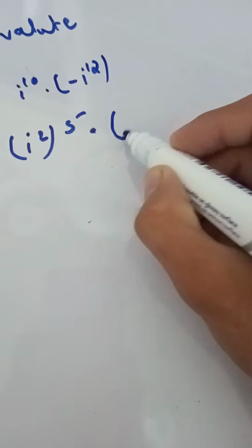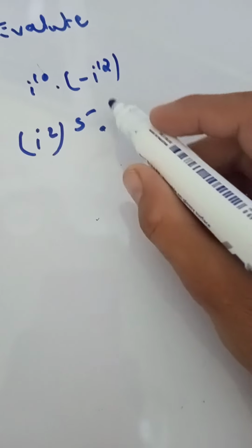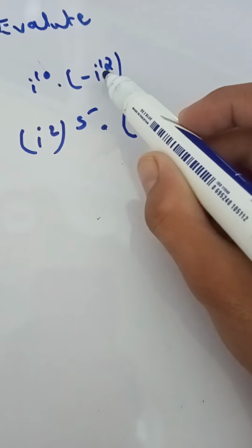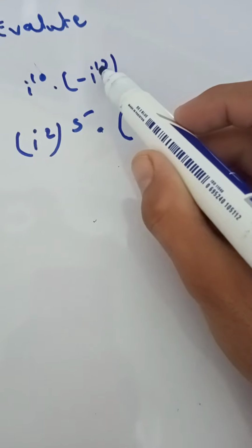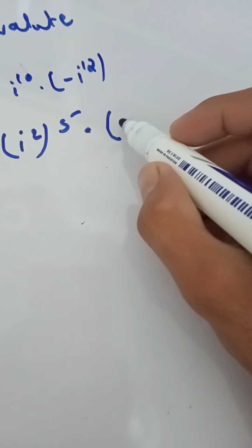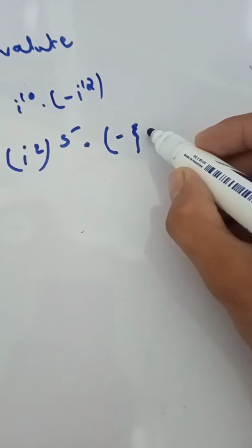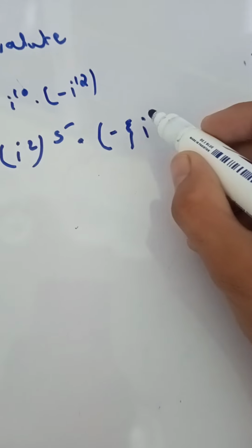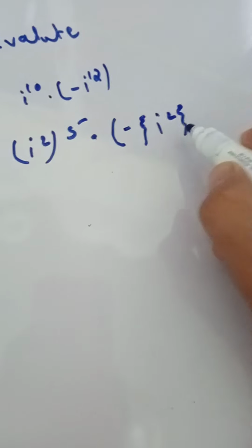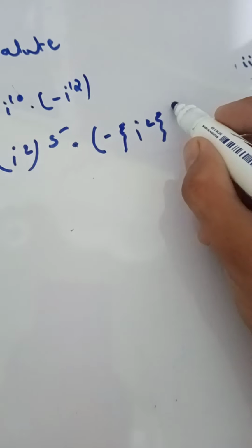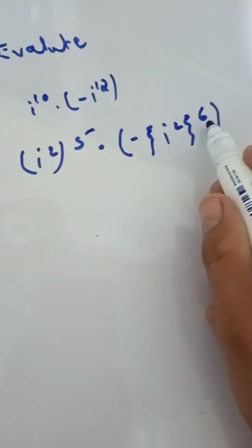After that, just watch one thing: the power 12 is on just iota, not minus 1, so I think we should separate this value. If I put iota square here and power 6 to the 12, I can do this again.